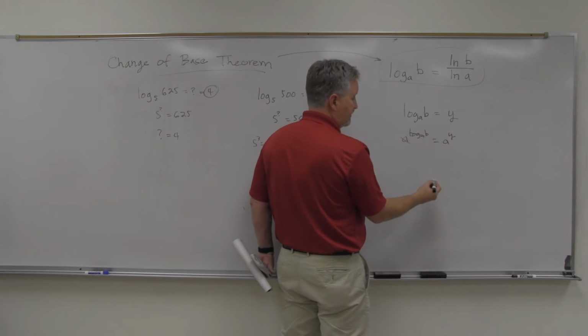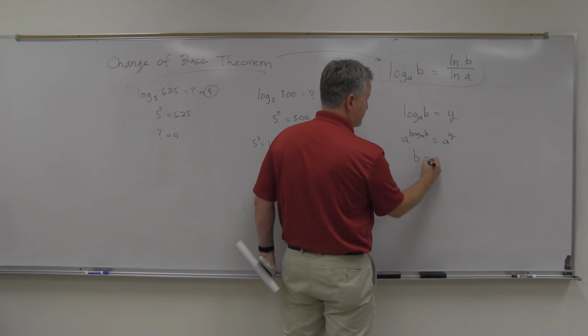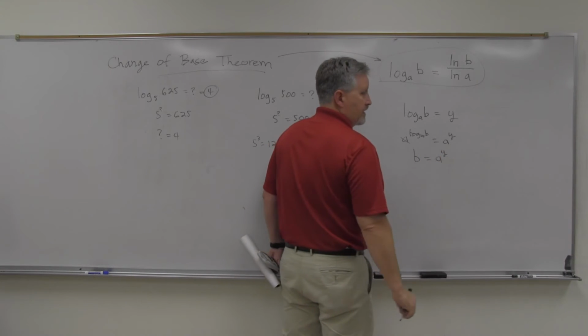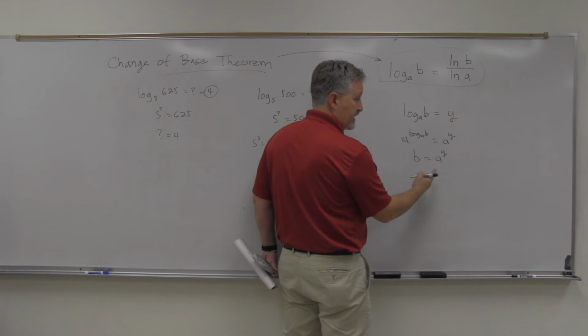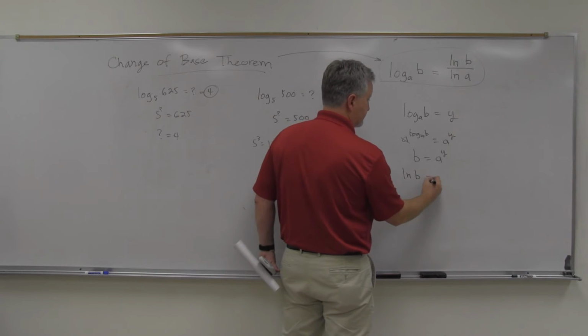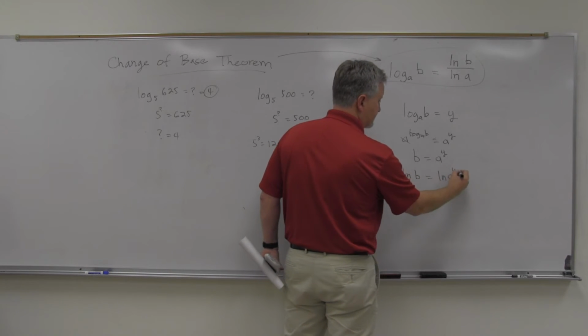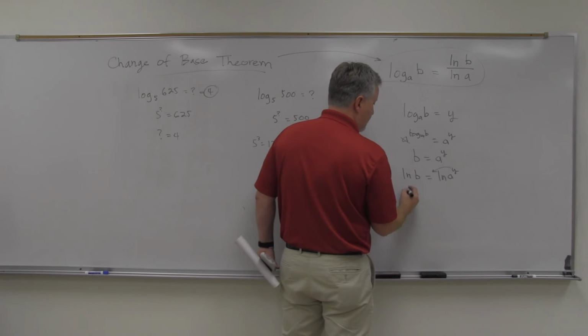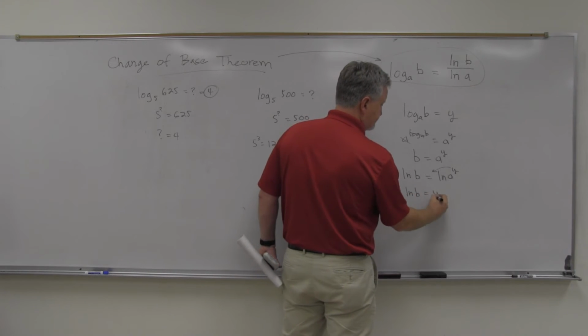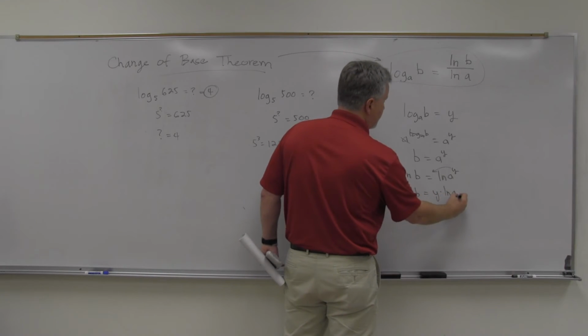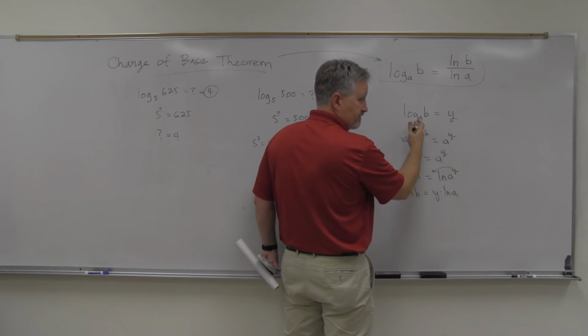Using the cancellation property, that gets me B equals A to Y. Then take ln of both sides, and that Y pops out. Y is the value I'm looking for.